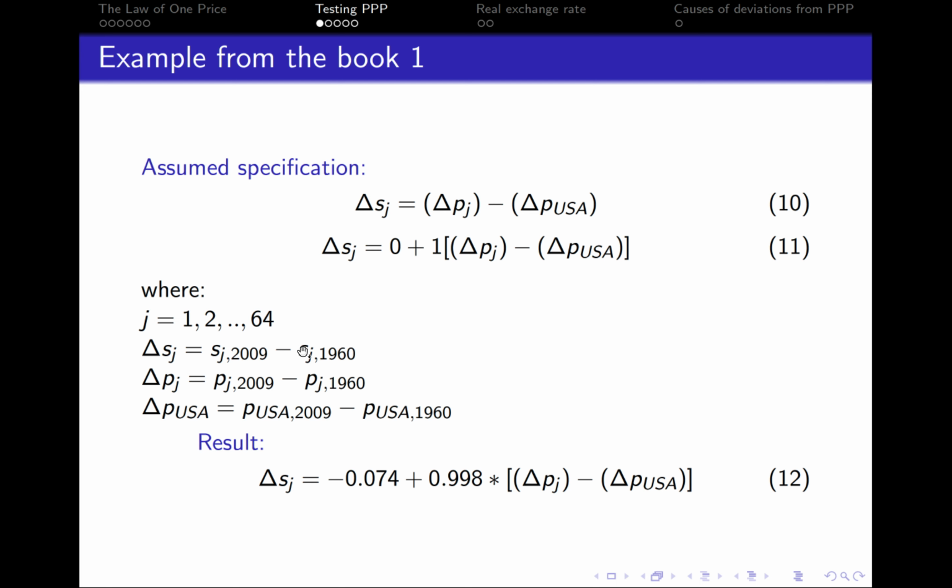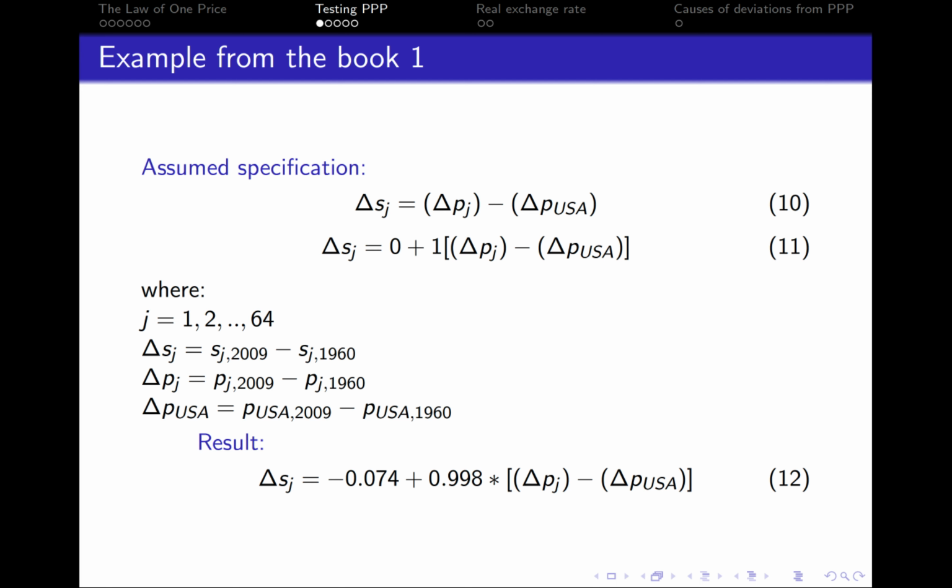And as I mentioned before, purchasing power parity is a long run force behind exchange rates. But I hope you can see that this is a very extreme case. Like, if it doesn't work after 50 years, we should definitely throw it away right away.